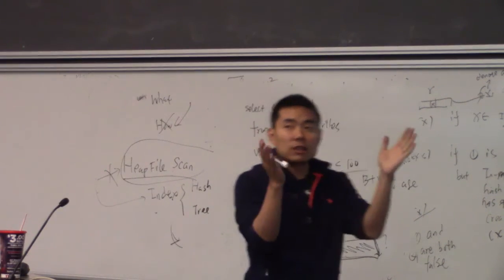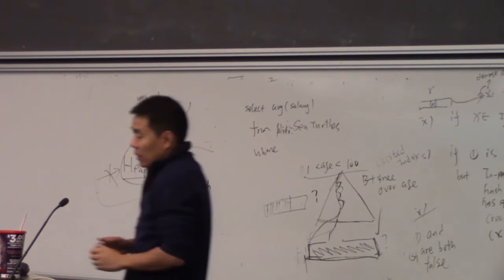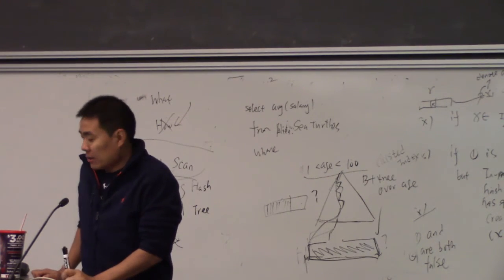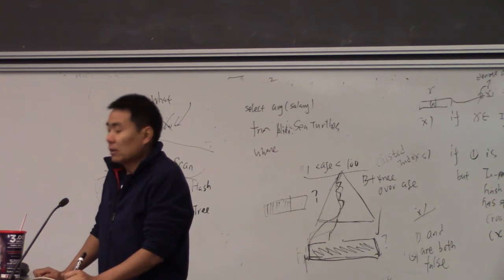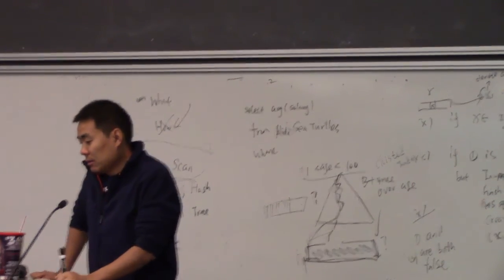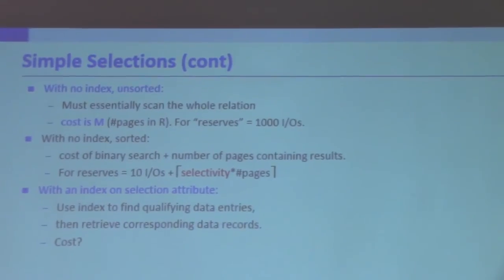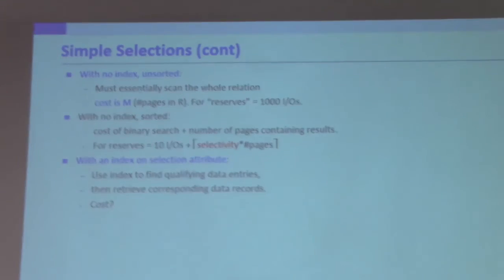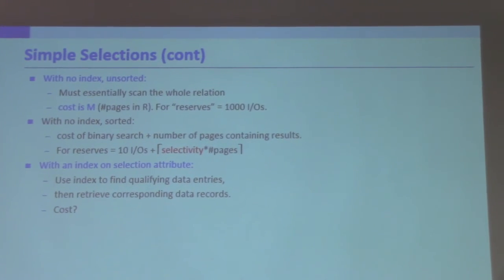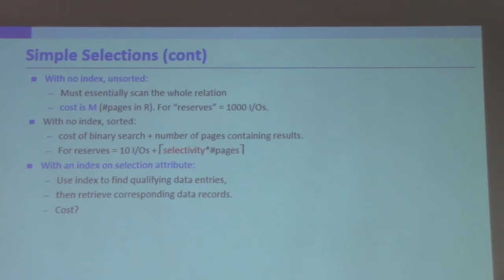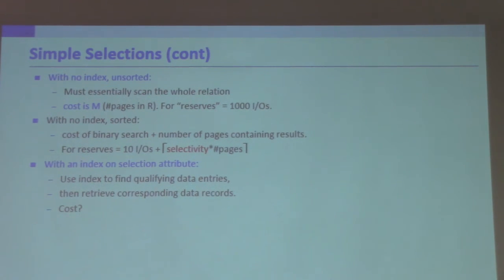you know the selectivity. What do you do? Well, with no index and the file is unsorted, there's no choice but to just do a heap file scan. With no index but sorted, you can do a binary search, as we discussed, or range search.